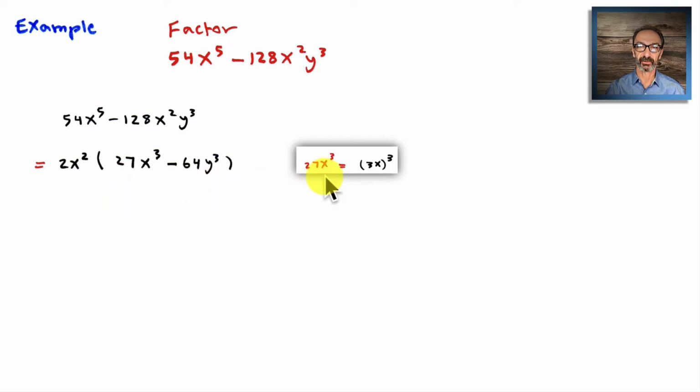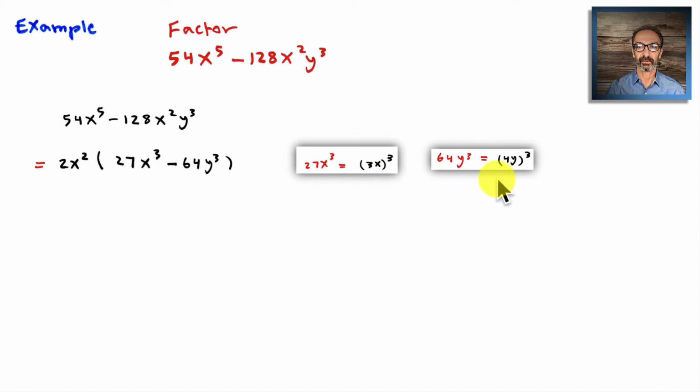27x to the third is 3x times 3x times 3x. So it is a cube. Looking at 64y to the third, that is also a perfect cube, 4y times 4y times 4y.